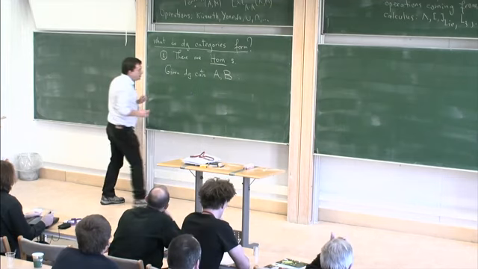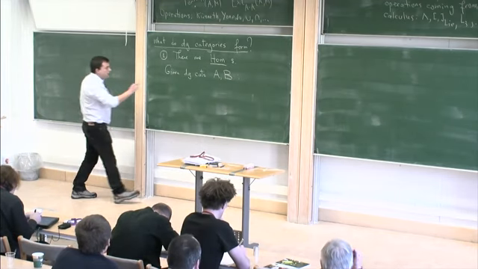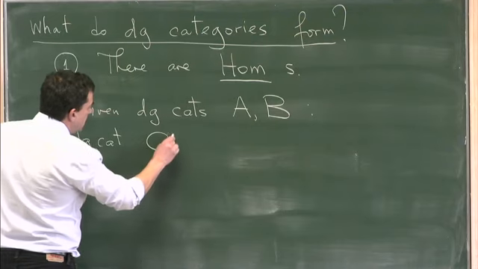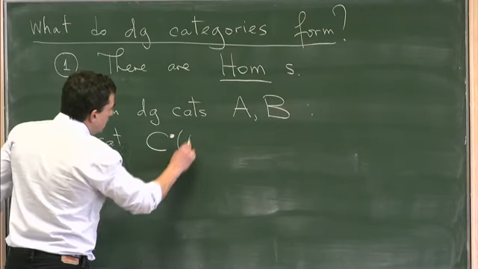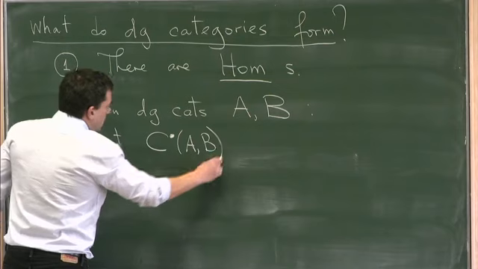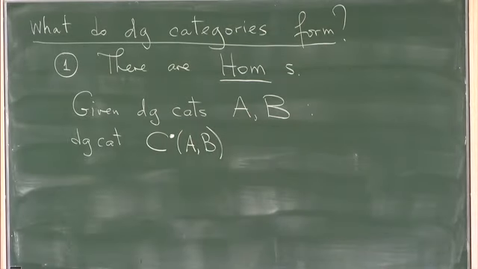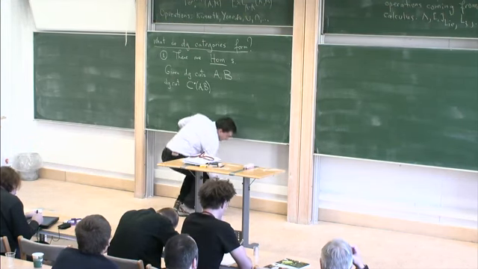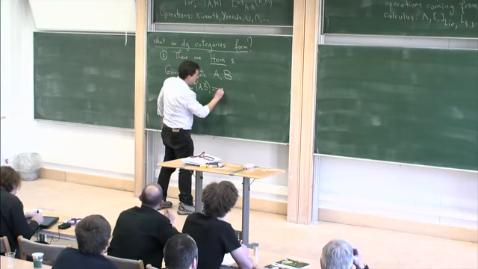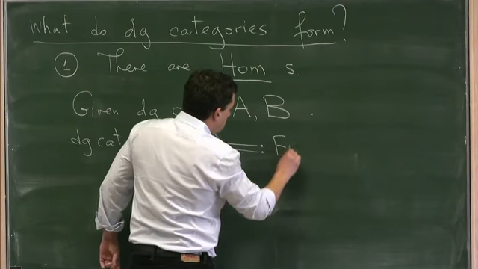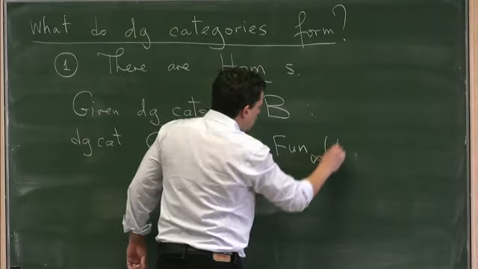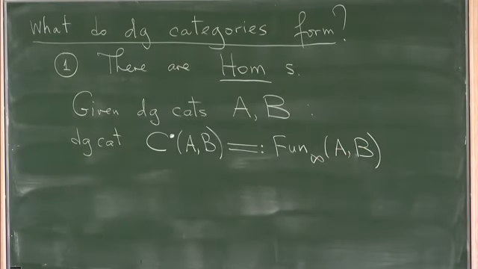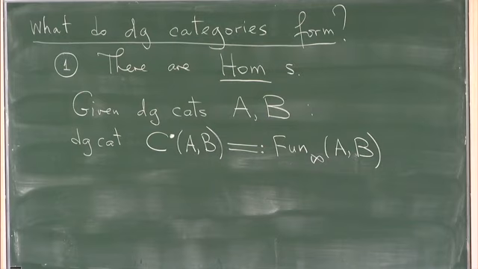So given two differential graded categories A and B, there is a new differential graded category, which I will denote C of A, B, and also I am kind of used to this dual sort of notation.